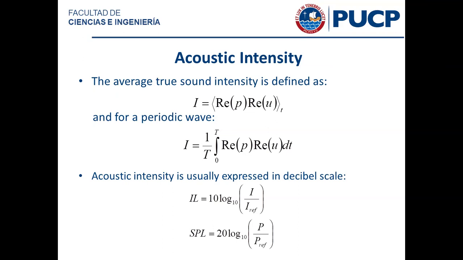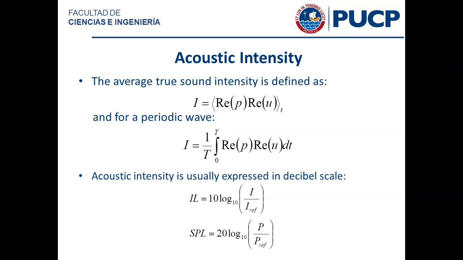The acoustic intensity is also expressed in decibel scale, and typically it is expressed in decibel scale because sound and ultrasound change values across several orders of magnitude many times. So it's very convenient to express it in the scale that's shown here, which is a decibel scale, which means 10 times log base 10 of the ratio of the intensities, or 20 times logarithm base 10 of the ratio of pressures.